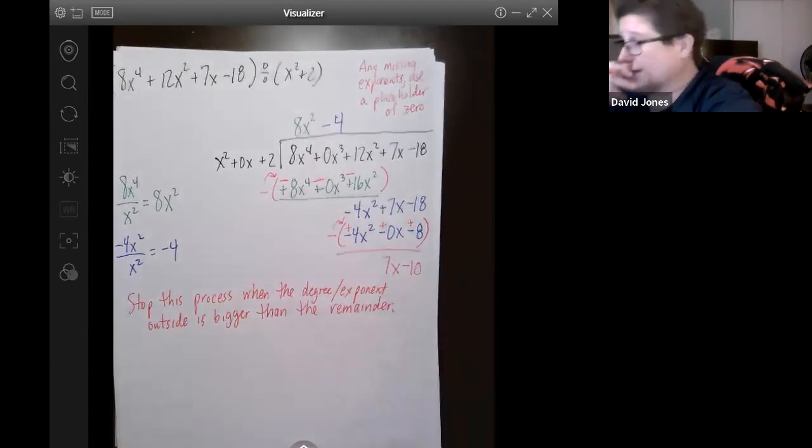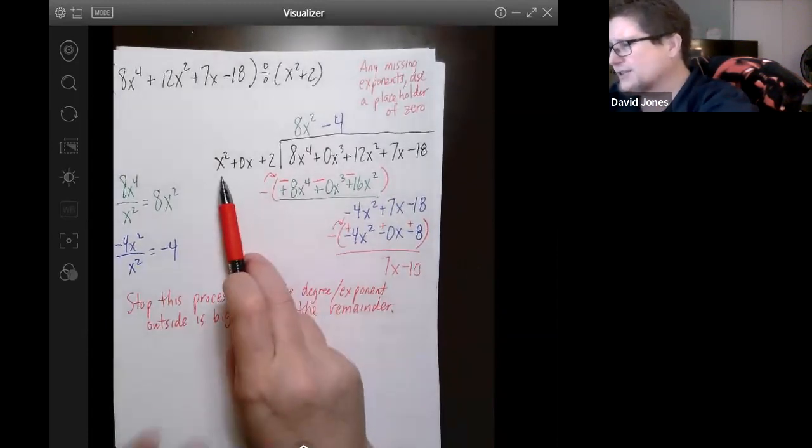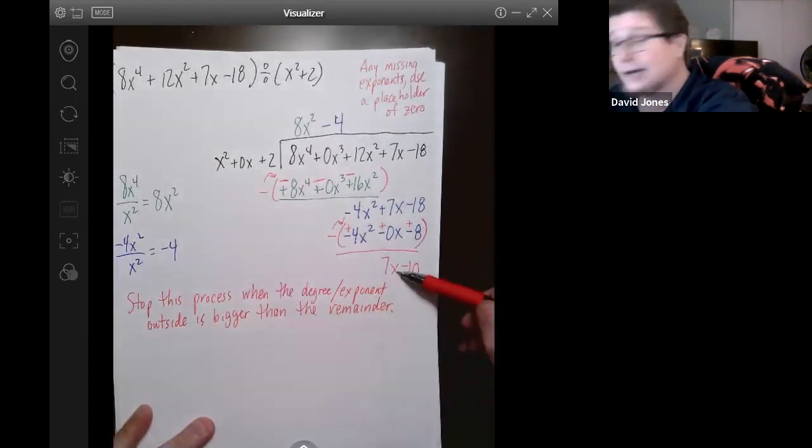Bigger. If it's equal to, you keep going, but if it's bigger, you stop. Outside the x squared, this is degree 2. It's bigger than inside. The degree is 1, x to the first power. We're going to stop.